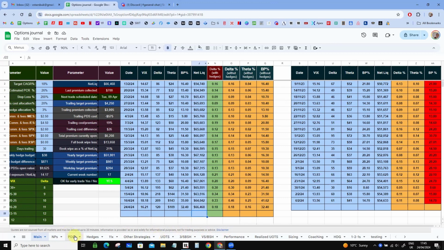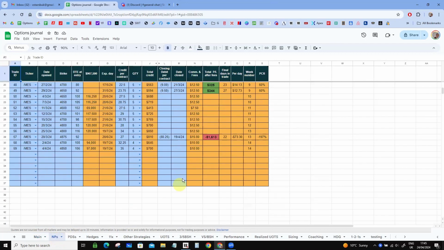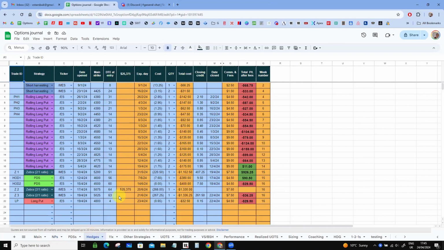I think I showed that in the Discord, but if you go to naked puts here, I had to stop out on this one, right around 200. So I was down 1600 on that one. But before I reached that point, I opened a zebra because my deltas were pretty high. As the market was going down, this one was gaining in profits.